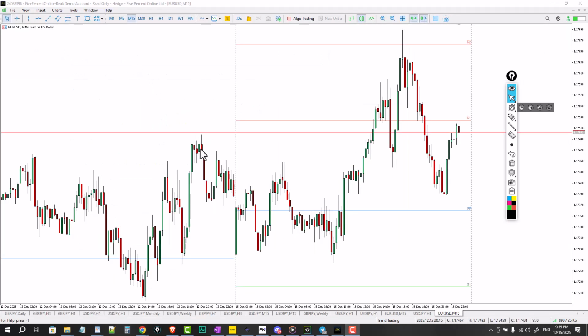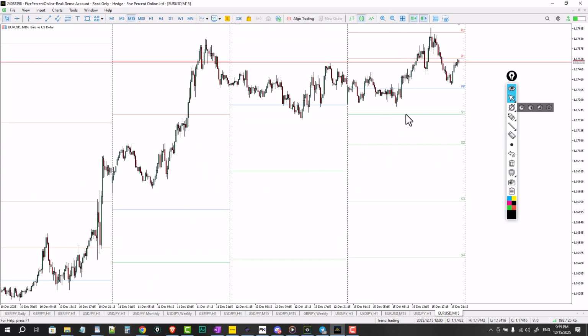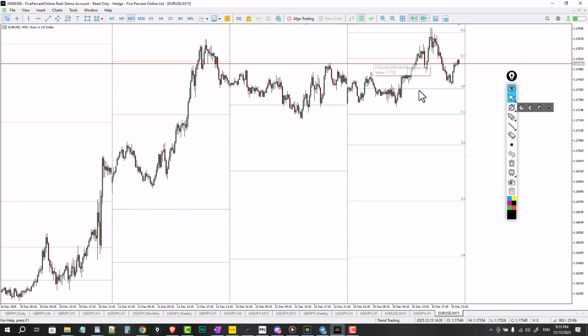Okay, so this is a chart which has the daily pivots on the 15 minutes time frame. The blue line you're seeing here is the central pivot point, and you can see it's called PP, right? Central pivot. While R1 is the first resistance line. Remember, I told you that R1 is directly above the central pivot, while S1 is directly beneath the central pivot.